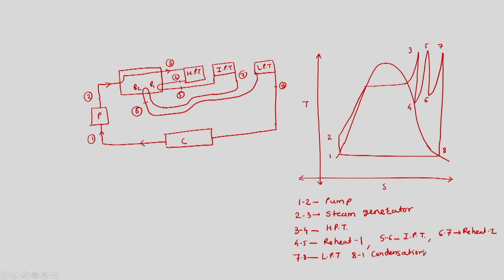So, this is how we will have a schematic or expansion in case we have more than one reheat, and we will now analyze what will happen if we have reheat in the Rankine cycle.